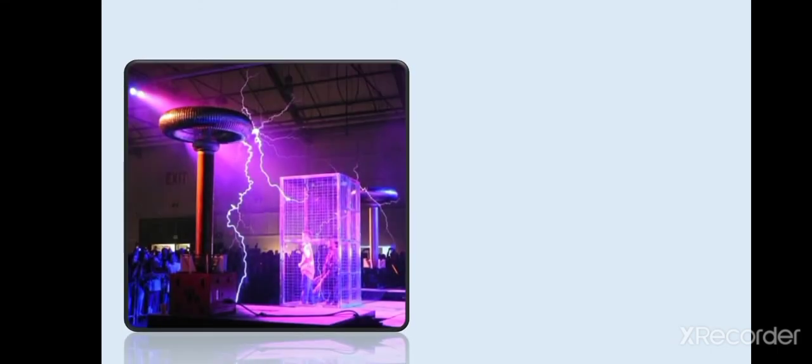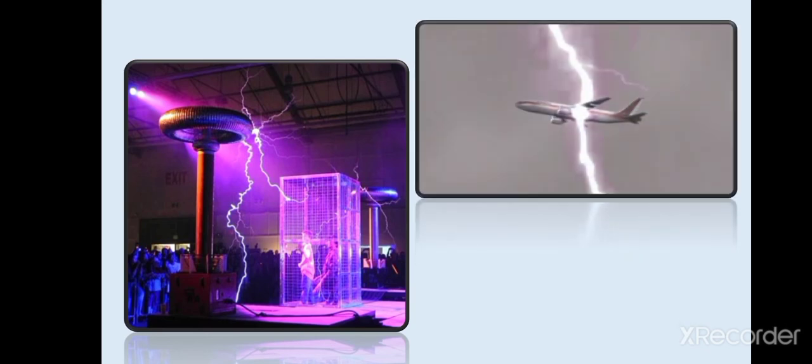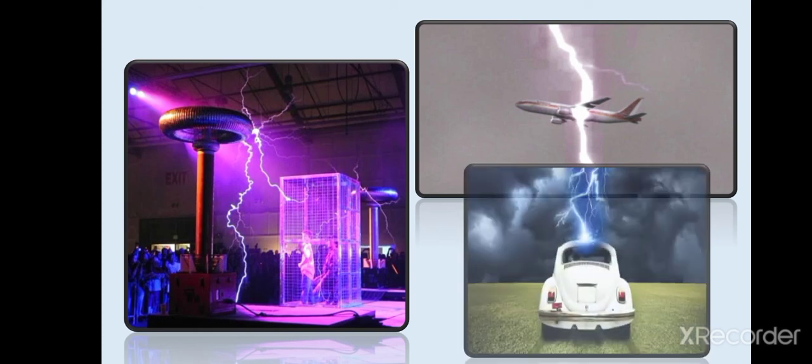Here are examples of Faraday's cage in our daily life. You can see the bodies of aeroplanes are made up of conducting materials. They have to travel through lightning as well, but the passengers inside the aeroplanes are safe because the body of the aeroplane acts as a Faraday cage. The same is the case with cars.